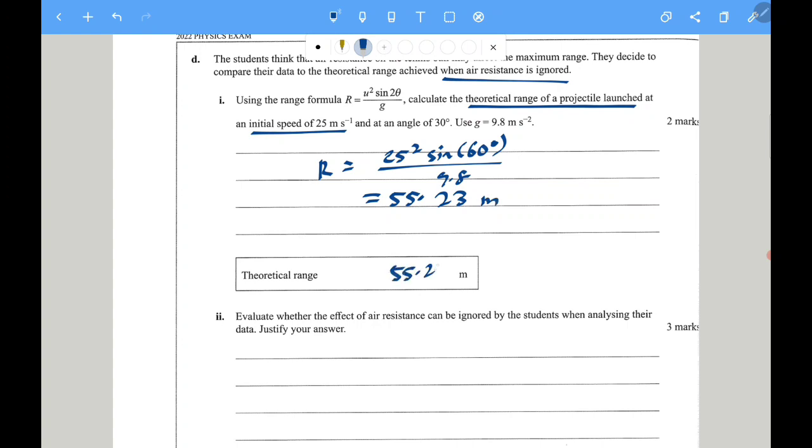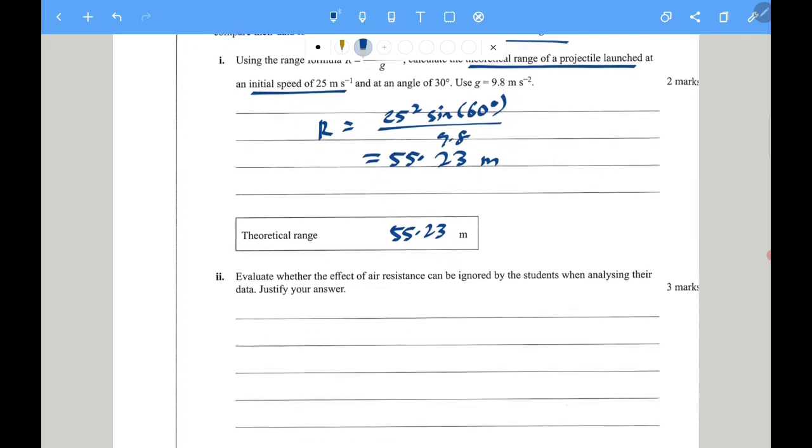And this is the value that we get, just plugging and chugging into our calculator.